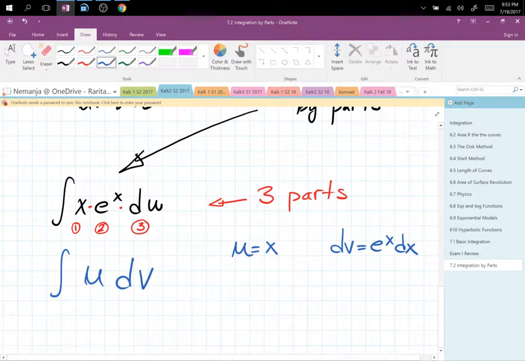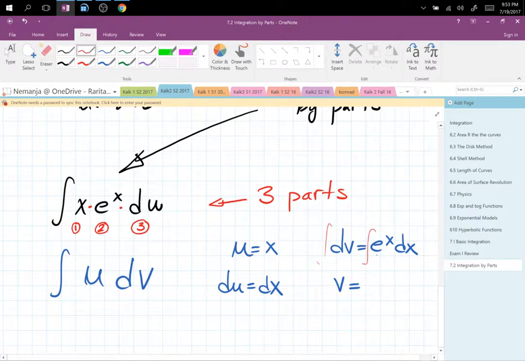Now, the derivative of u is going to be du equals dx, right? That's like a u sub part. On the other side, I have to integrate to get v, right? I have to integrate these guys.